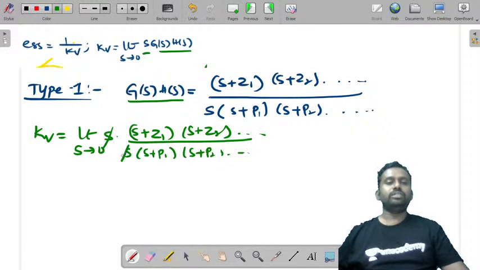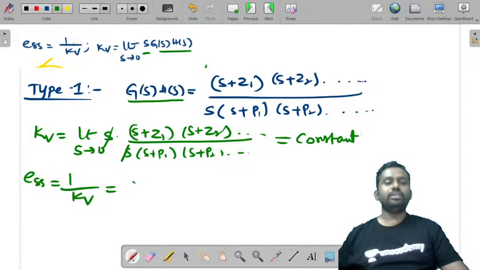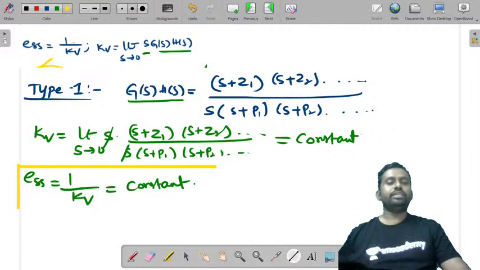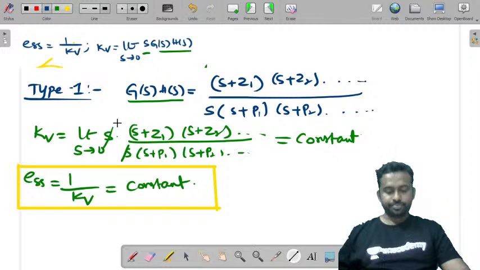You can cancel out this s, and this will give you a constant value if you substitute s is equal to 0. Therefore ess is equal to 1 by kv. If kv is a constant, ess is also a constant value. So this is how you find the steady state error for a ramp input with a type 1 system. Hope this is clear for everyone.